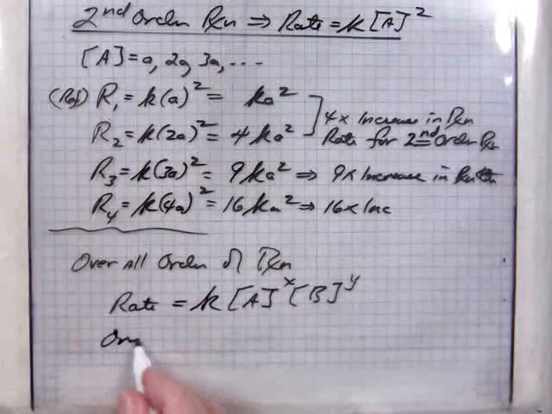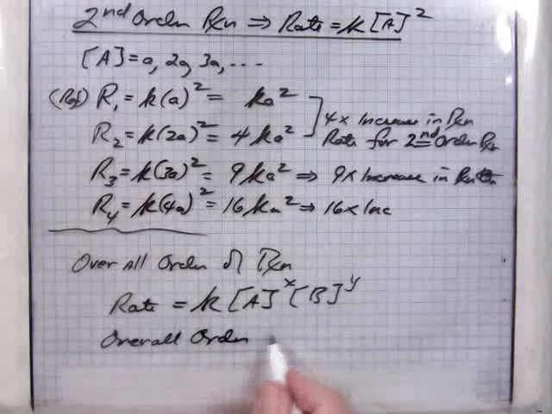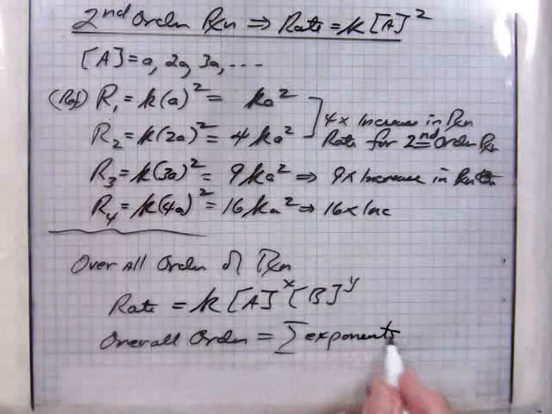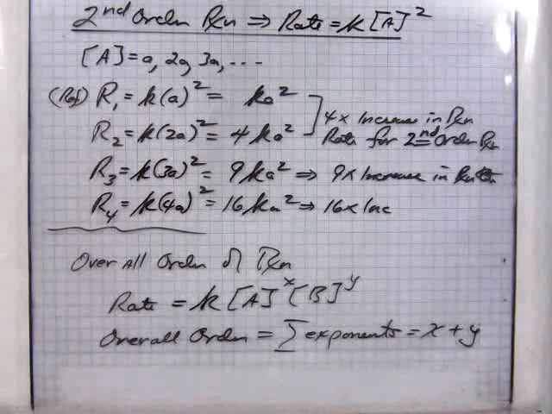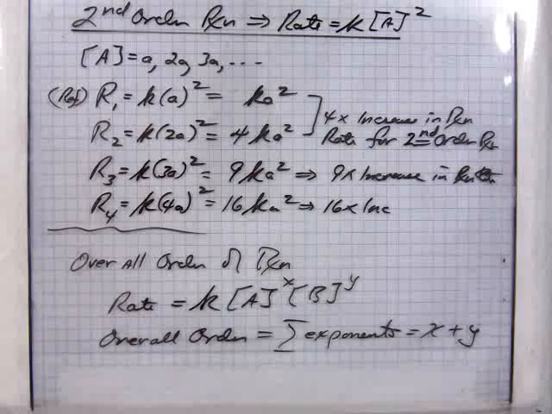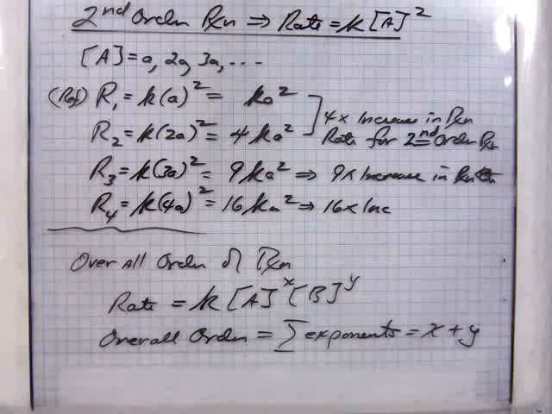The overall order is the sum of the exponents, in this case X plus Y. If A is to the second power and B is to the first power, your overall order would be 3. You won't have to use orders above second order in the problems we're about to work, but you may have to get the overall order after you get each one of the values.